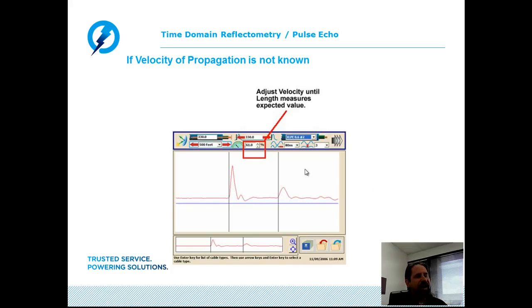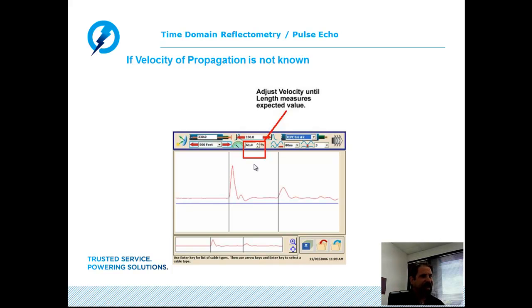Now, if you know the length of the cable, what you can do is place your display marker at that physical event, and adjust your velocity value until the instrument reads the expected length. What we're basically saying here is this is simply a computer and a simple equation that's being applied.